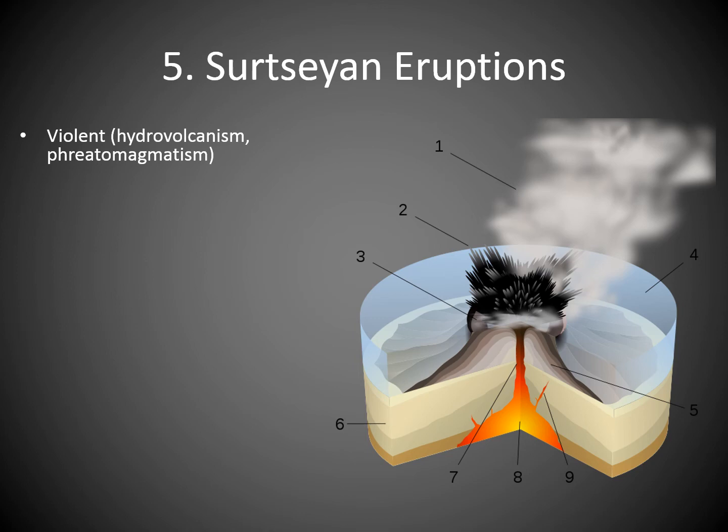Surtsian eruptions are characterized by eruption through water. Explosive eruptions into the air, but through water. It can be the ocean, but it can be lakes as well.